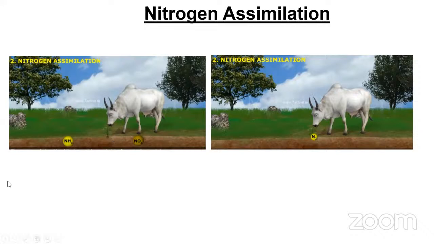This plant is in turn eaten by animals, as a result of which the organic nitrogen which was present in the plant from nitrate and ammonia in the soil is taken by the animals, and now this organic nitrogen is present in the animal. This process is known as nitrogen assimilation.